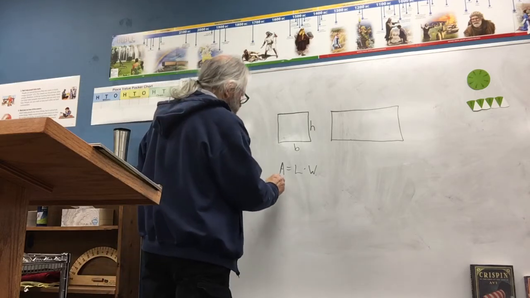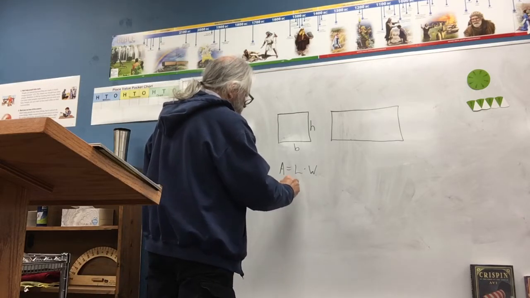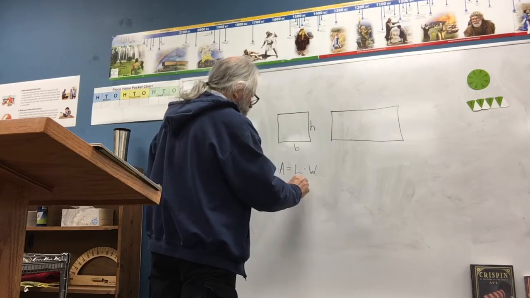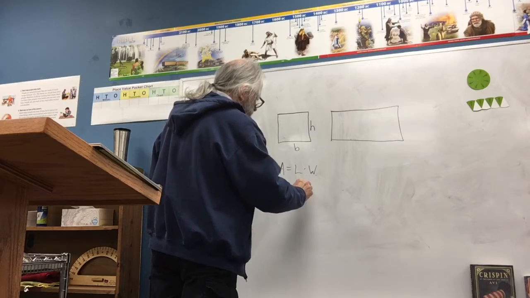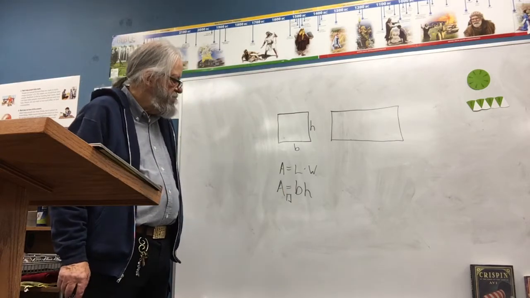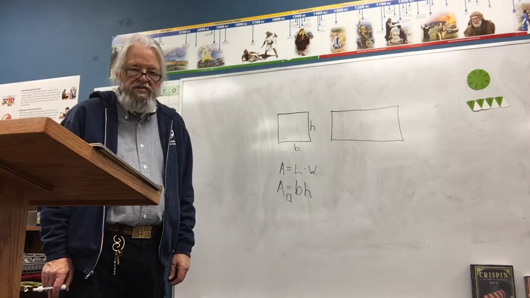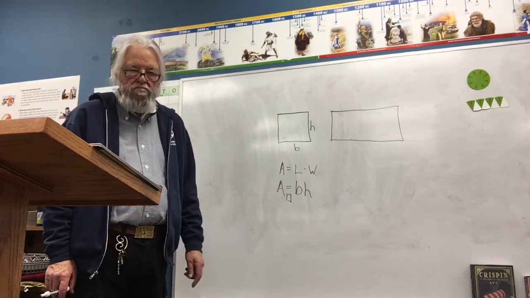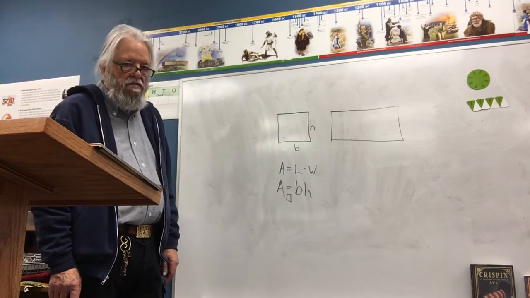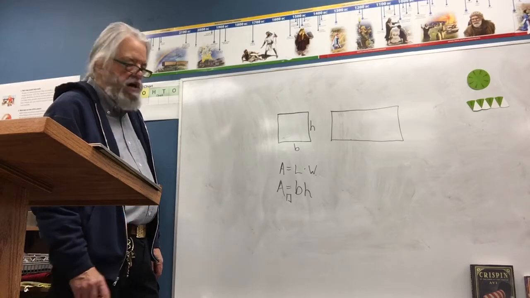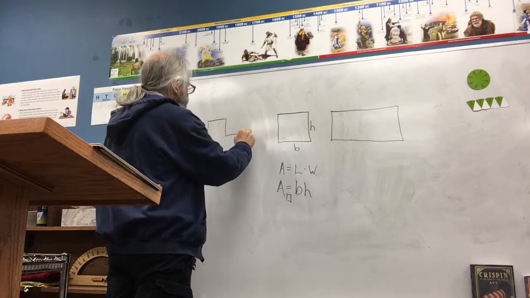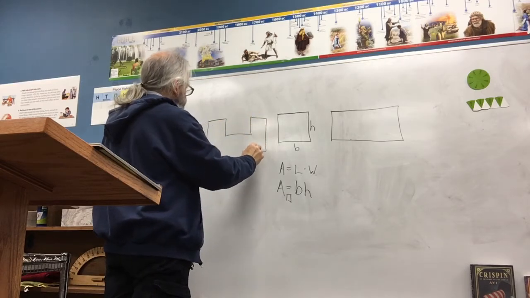So what you should get used to, if you haven't yet, is that the equation for the area of a quadrilateral is base times the height, BH. Now, the only thing that causes some problems sometimes is if you have something that's irregular shaped.